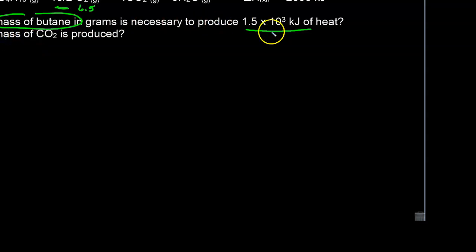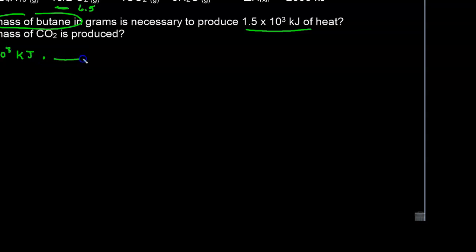So we're starting off with the fact that we know the heat of the reaction that our butane is going to produce, and we want the mass of butane. So that's the one we're looking at here, mass of butane. So let's start our process. What I would do is start with my given. So I would start with my 1.5 times 10 to the third kilojoules that I would like to produce.